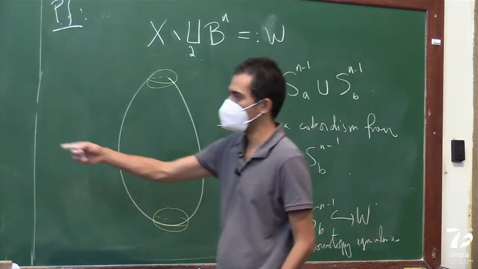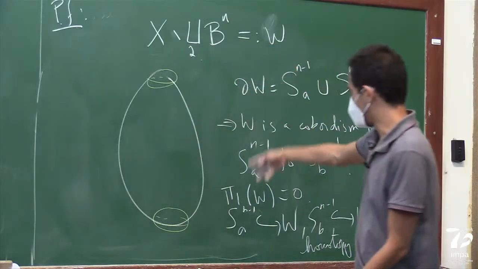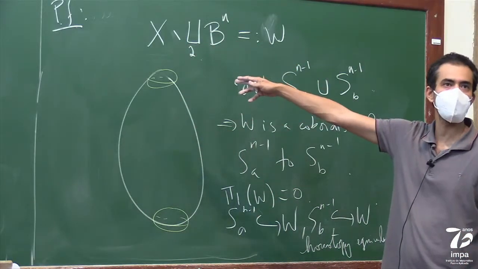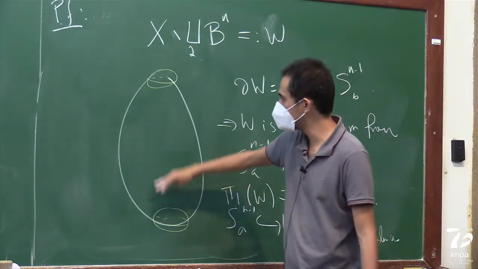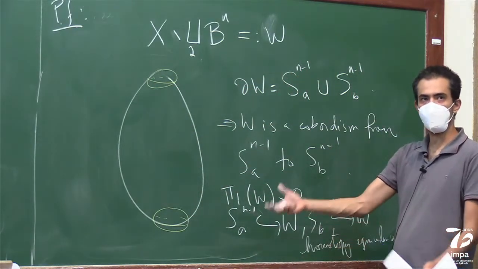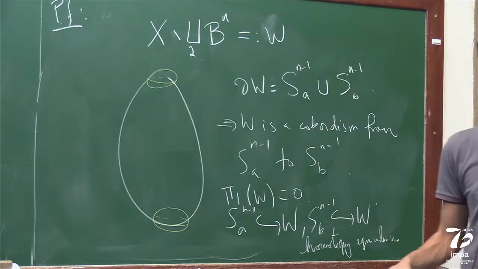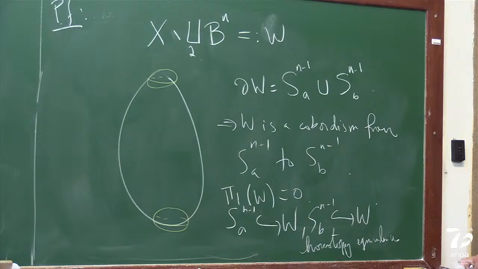Because of X being homotopy equivalent to Sn, you can find this cobordism, which is inside of X, which is a cobordism from one sphere to another sphere, in a way that the inclusion of the 2 pieces of the boundary are homotopy equivalences. That means, in a way, the cobordism is very simple in the sense of algebraic topology.